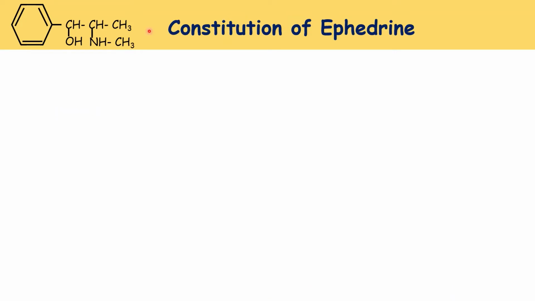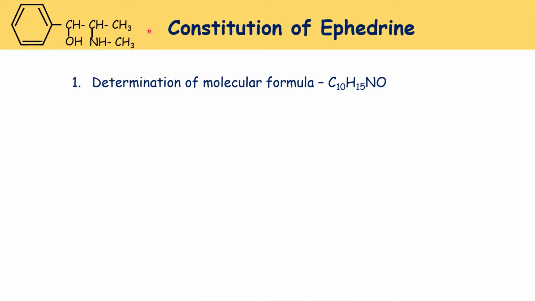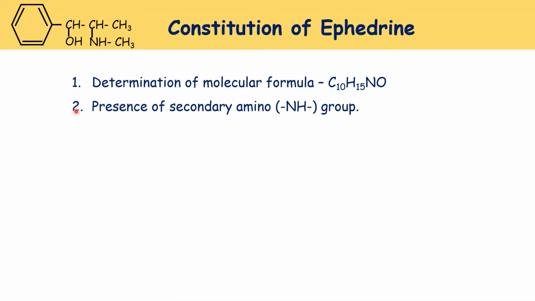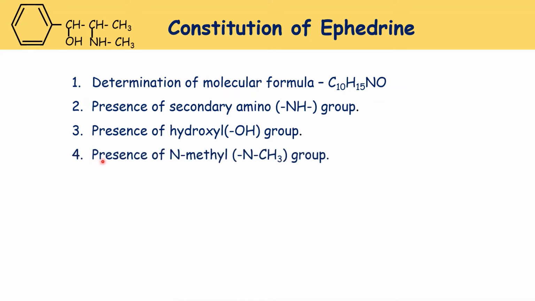Let us see the constitution of ephedrine. The structure of ephedrine is determined by the following steps. The first step is determination of molecular formula. The second step is presence of secondary amino group. Ephedrine contains a secondary amino group and we have to detect its presence. Then the third is presence of hydroxyl group. Then presence of N-methyl group in ephedrine.